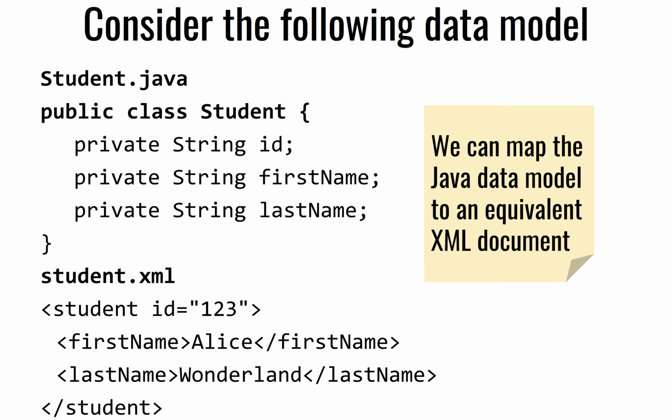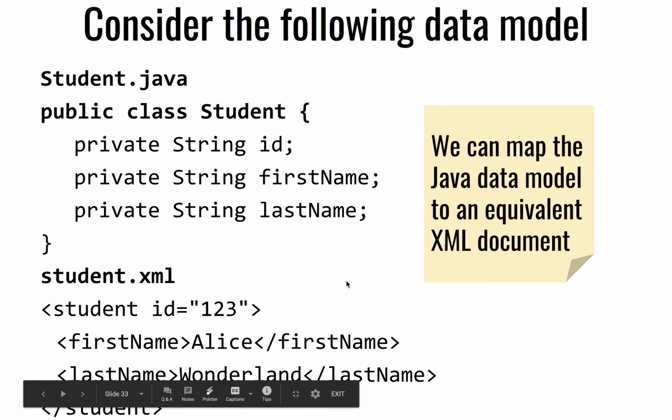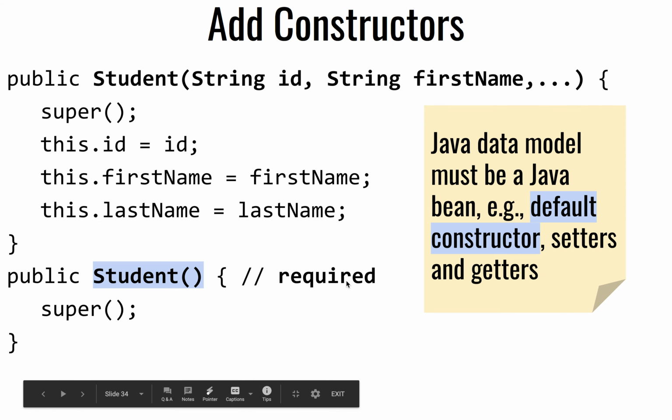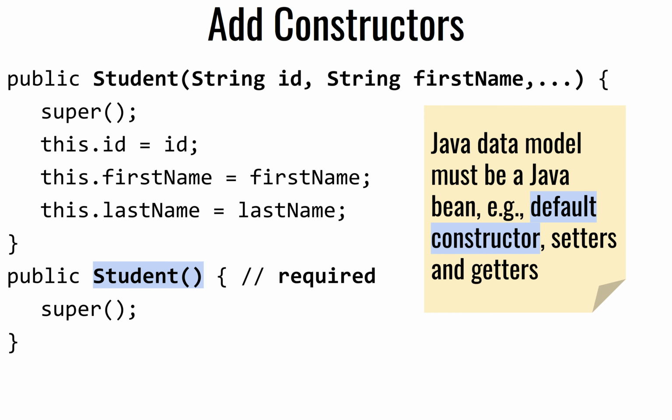So let's see an example. Here we have a Java class that represents a student. We'd like to map it to this XML document down below. First, a couple of standard things that we need to make sure of. All the Java classes that we are working with have to follow the Java Bean standard.